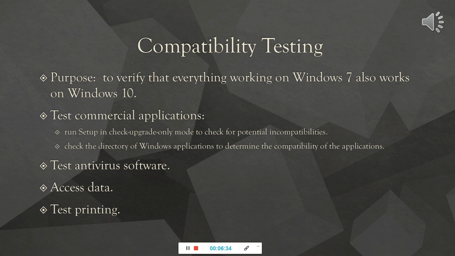Next, I tried to access data in a variety of ways, such as accessing data on a server running Windows 10 as well as on a server running Windows 7. I also tested concurrent use of a database, including simultaneous access and update of a record.